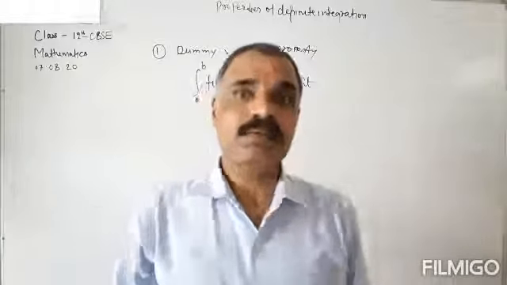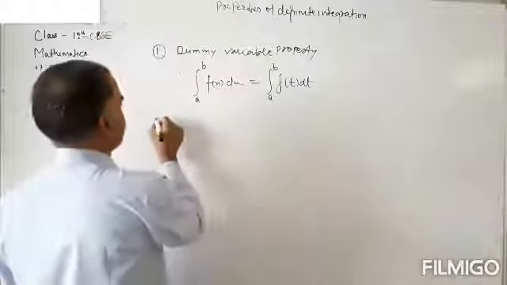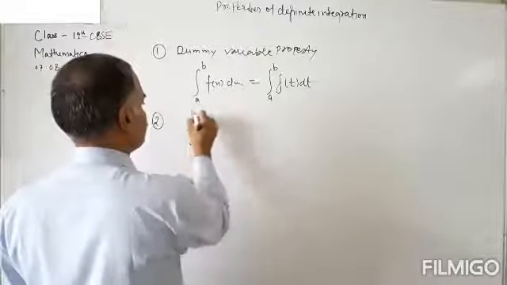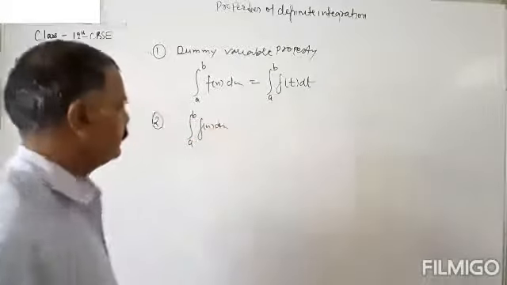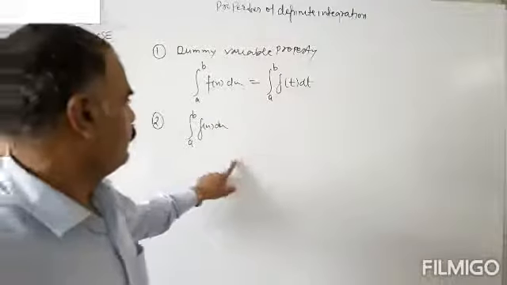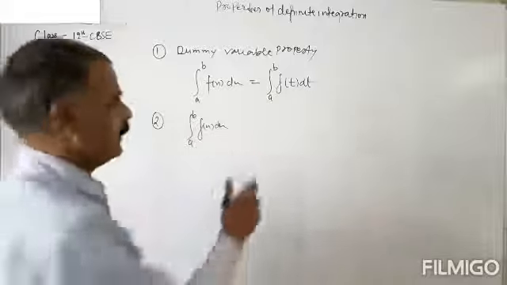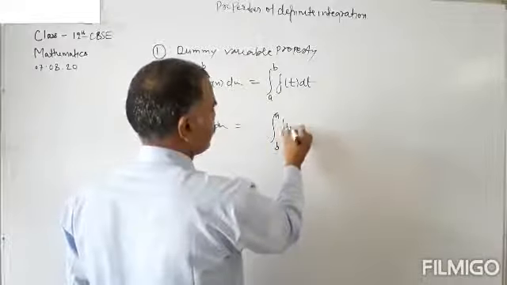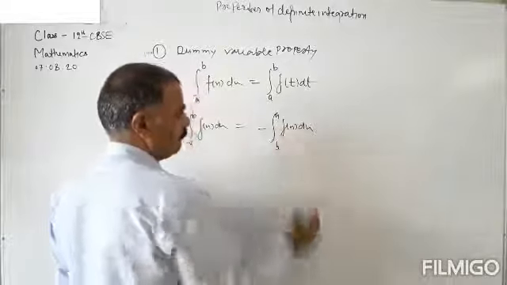Okay, and the second property of the definite integration is, if we are integrating f(x) dx under the limit a to b, then this is equal to the integral from b to a of f(x) dx, but with a negative sign.